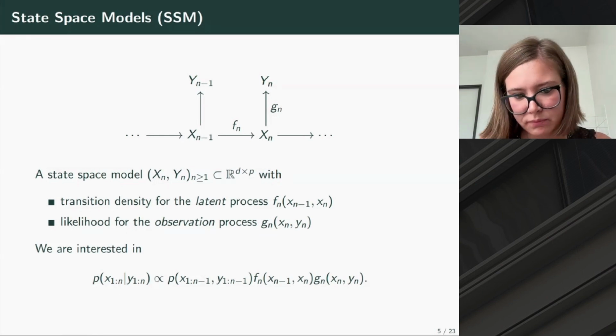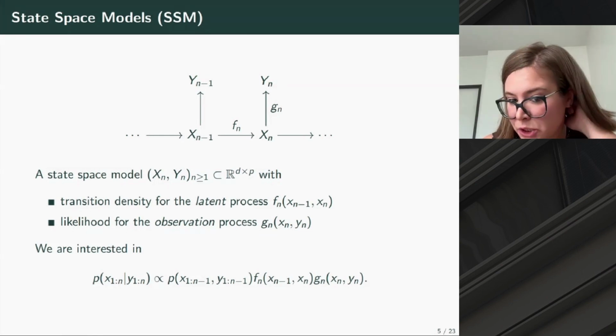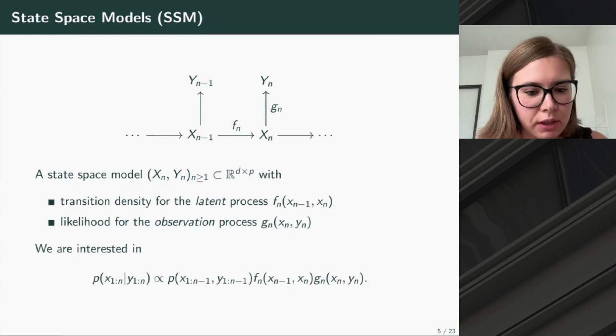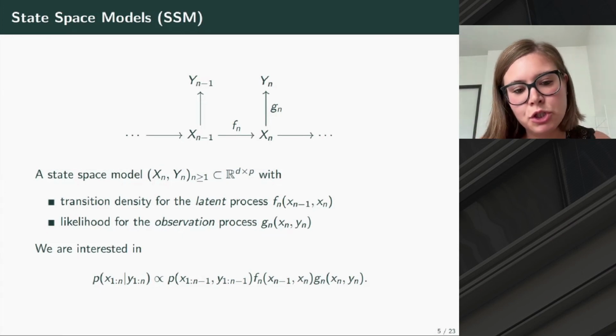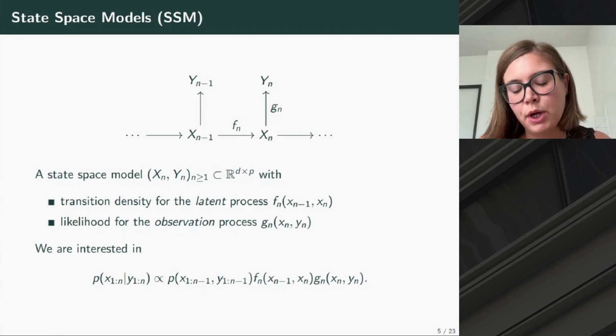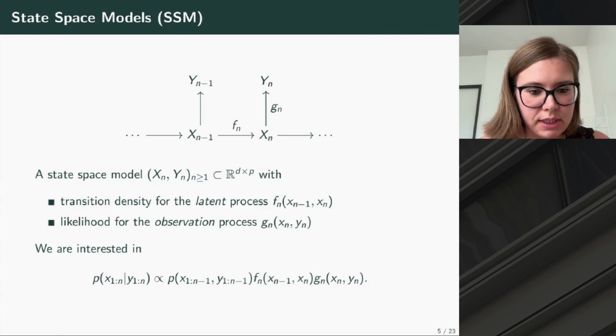So the filtering distribution that we will be talking about is the probability of x_n given all the y's in the past. Now, as already mentioned, if we have a linear and Gaussian model, this filtering distribution can be computed analytically, in the sense that we can use the conjugacy properties of Gaussians to recover the covariance and the mean of these Gaussians at every time step.